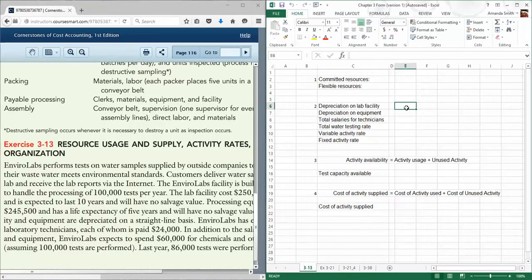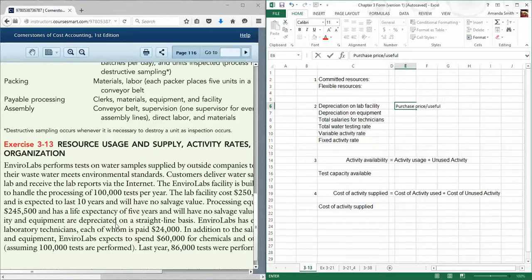It's basic depreciation from accounting 1 and 2. So you're going to take the purchase price. In this case, we are not given salvage values. We're told that there are no salvage values for these companies, for these products. So the depreciation is going to be the purchase price divided by the useful life. And this information is provided in the chapter.